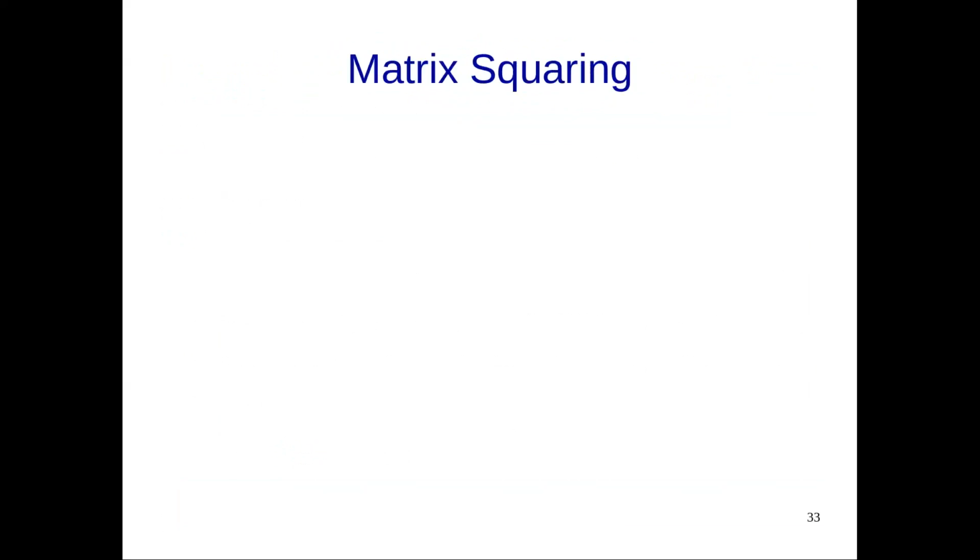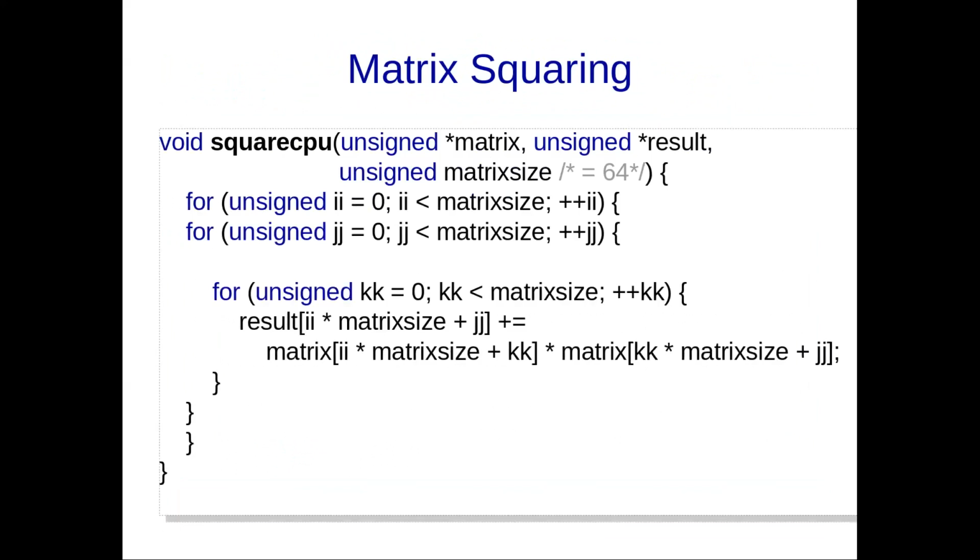Matrix squaring is another operation that we require often, sometimes in a more general setting, matrix multiplication. A typical matrix squaring code on the CPU looks like this. I have a matrix, the square of which I want to store inside result, and let's say there is some matrix size, which in my case is going to be 64.